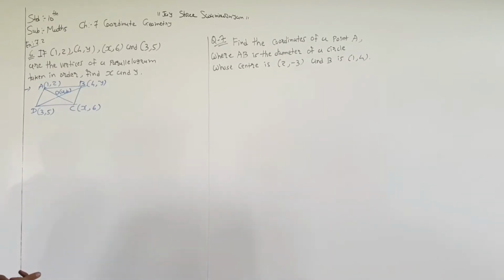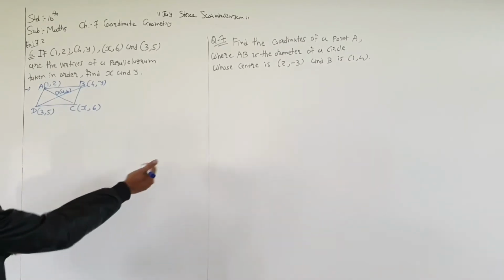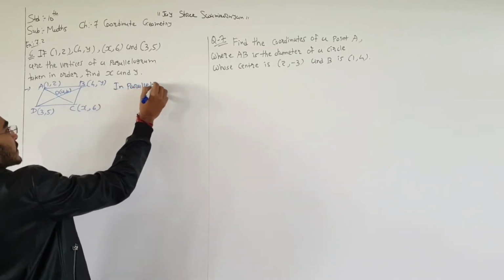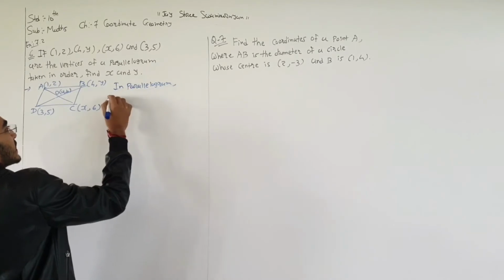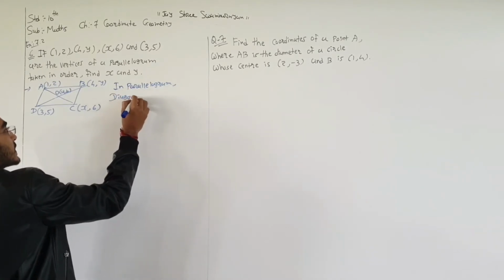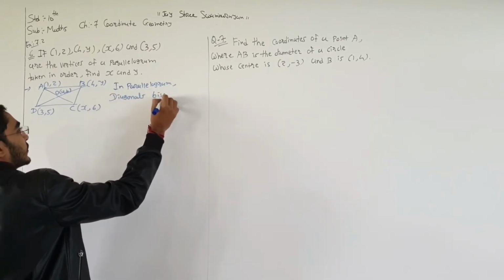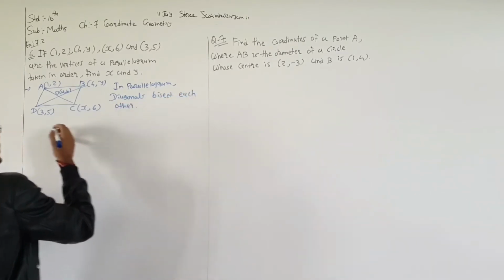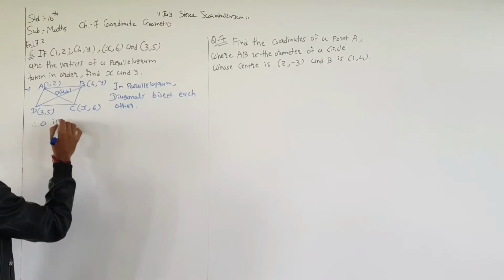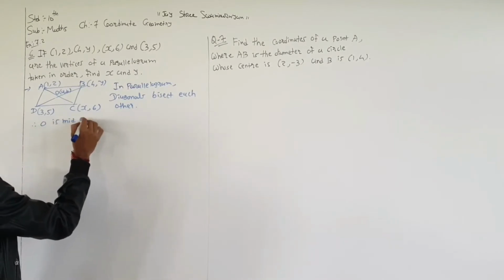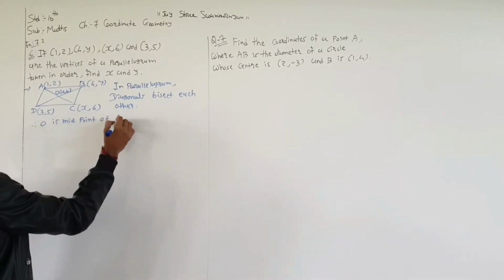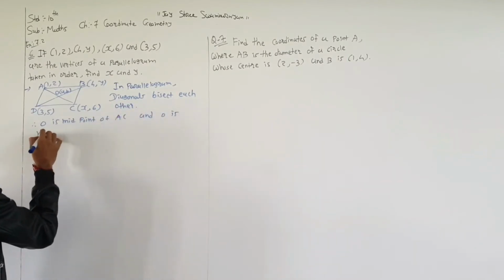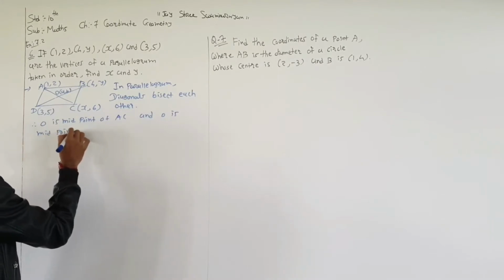In a parallelogram, diagonals bisect each other, so O is the midpoint of AC and O is the midpoint of BD.